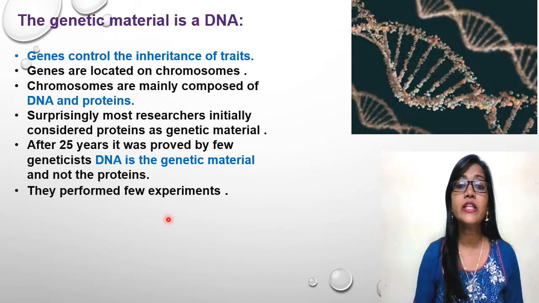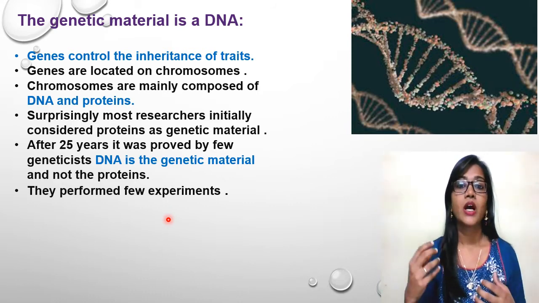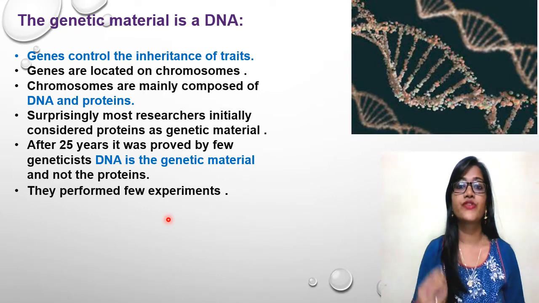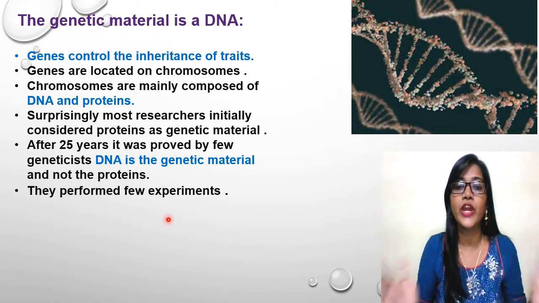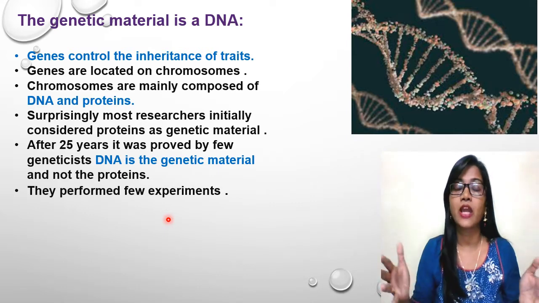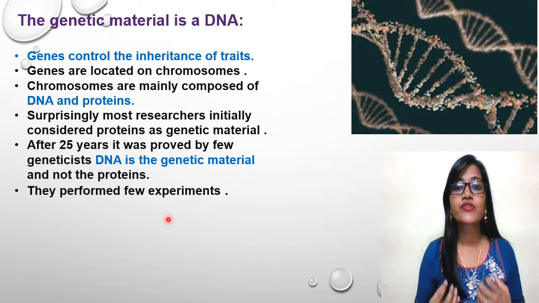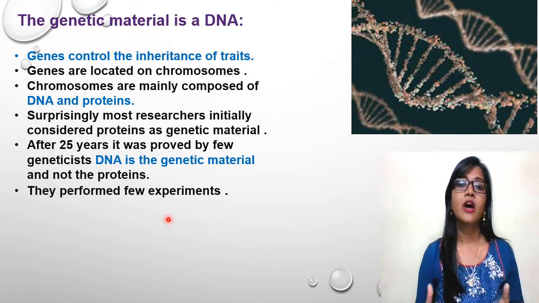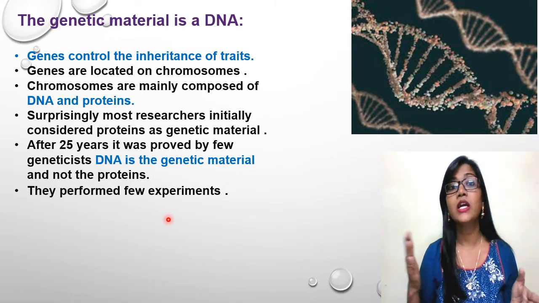Variations in DNA molecules are different from the variations in shape, electrical charge, and function shown by proteins. So there are two different kinds of variations, found in the DNAs and in the proteins. So it is not surprising that most researchers initially favored protein over DNA as the genetic material.